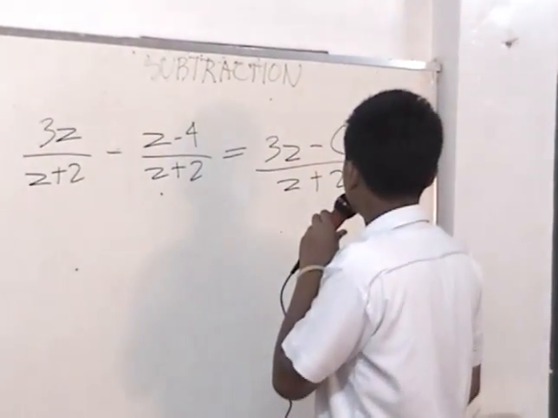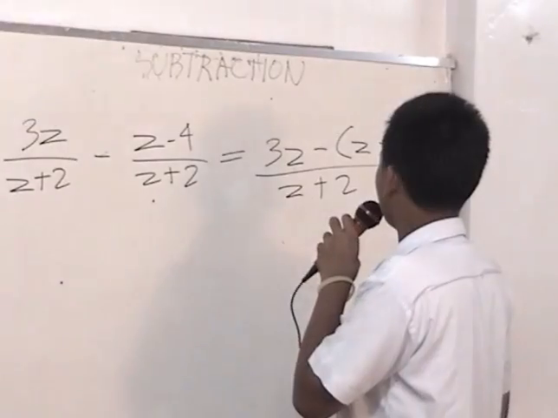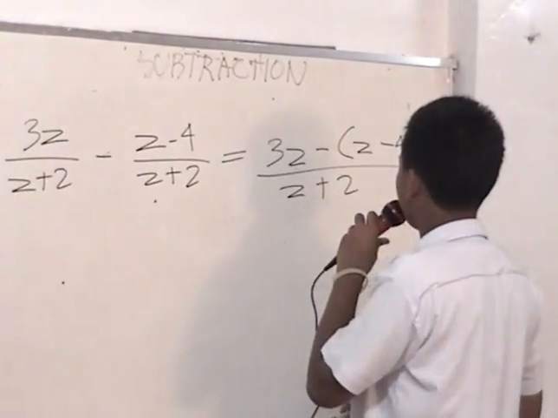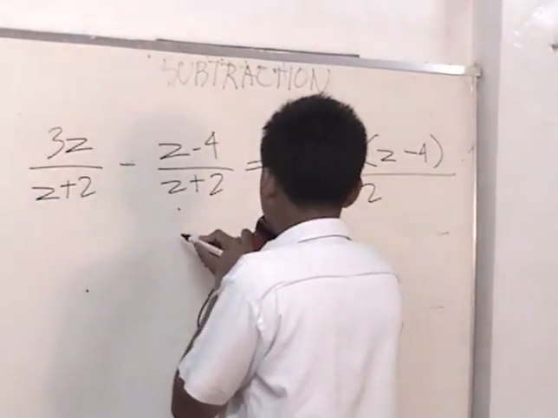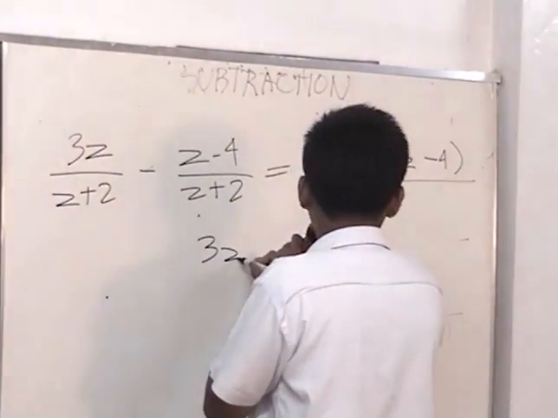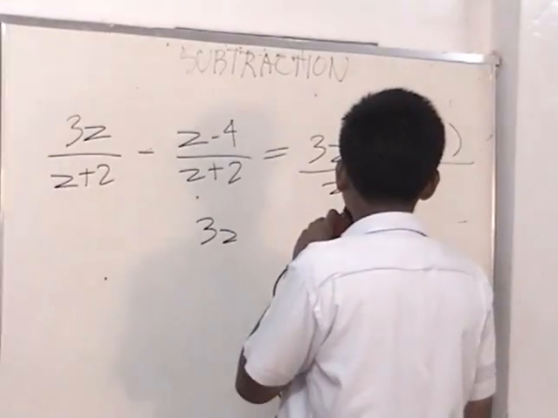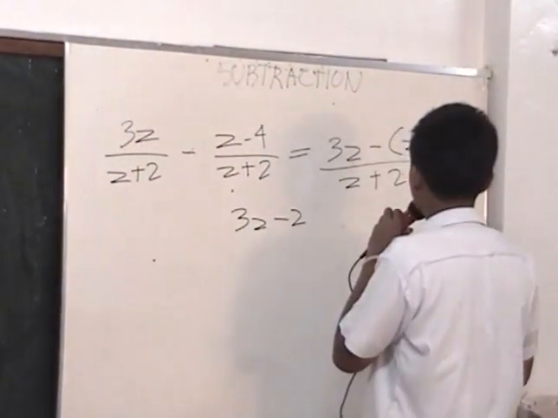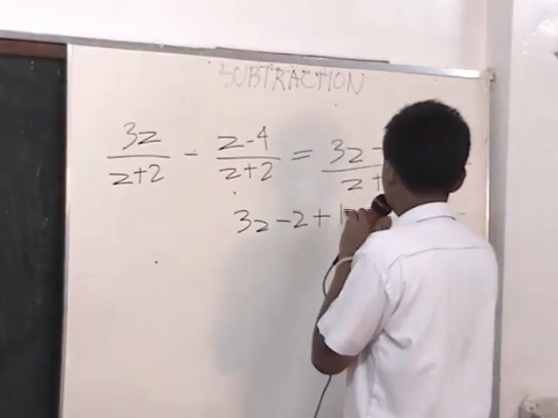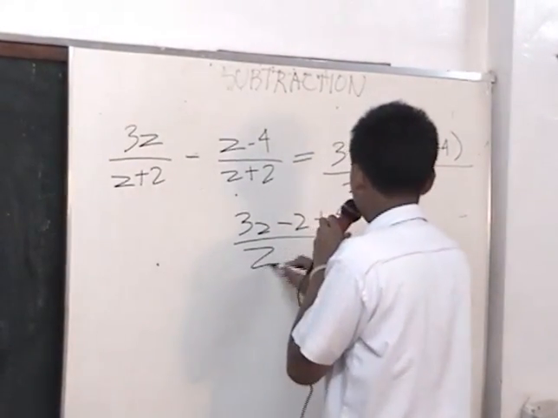Since it is a negative sign, we need to change the sign of the subtrahend. The x in the subtrahend becomes negative x, and the negative 4 becomes positive, over x plus 2.